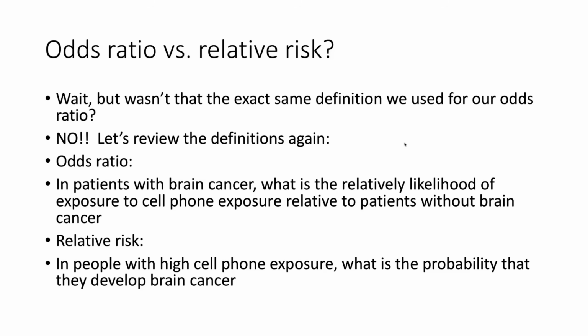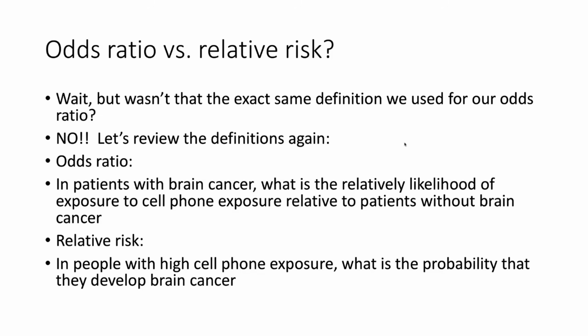Okay. So for odds ratio, there are two different groups, aren't there? One with brain cancer and one without brain cancer. And then we look back in time to see if each group has had a lot of exposure to cell phone use. Yeah, that's exactly it. You have two groups.